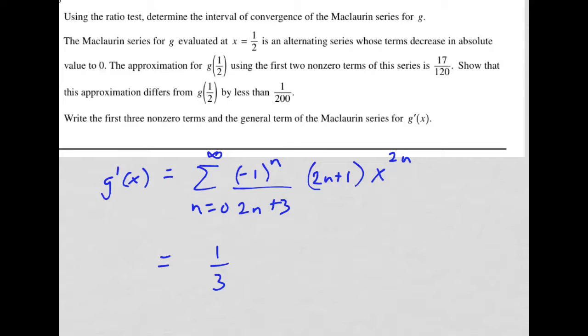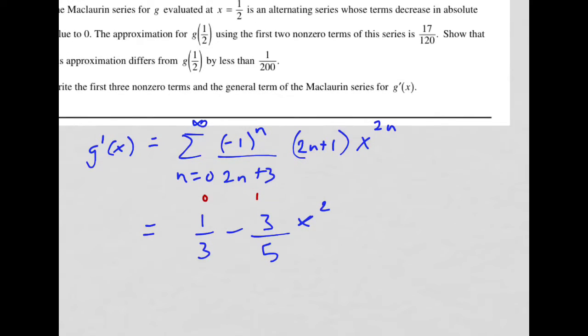And then we plug in 1. So I'm going to write n equals 0, 1 so I don't forget. I'm plugging in 1 for this, so I get negative 3 over 2 times 1 is 2, plus 3 is 5, x squared. Yes, very good. That's the first 3.